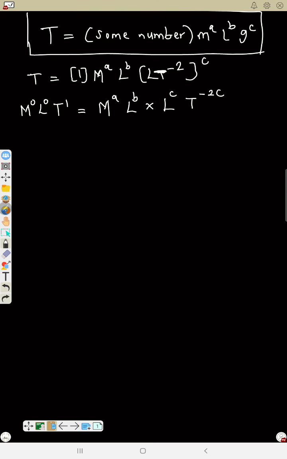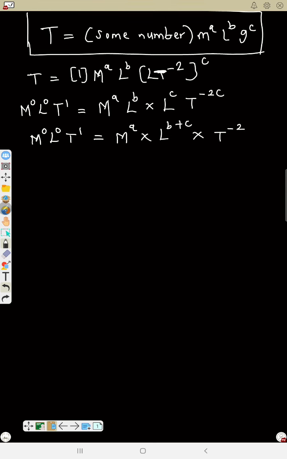Now we can easily say this is M raised to power 0, L raised to power 0, T raised to power 1. M raised to power A times, we have L and L, so we can add the powers. That will be L raised to power B plus C times T raised to power minus 2C.